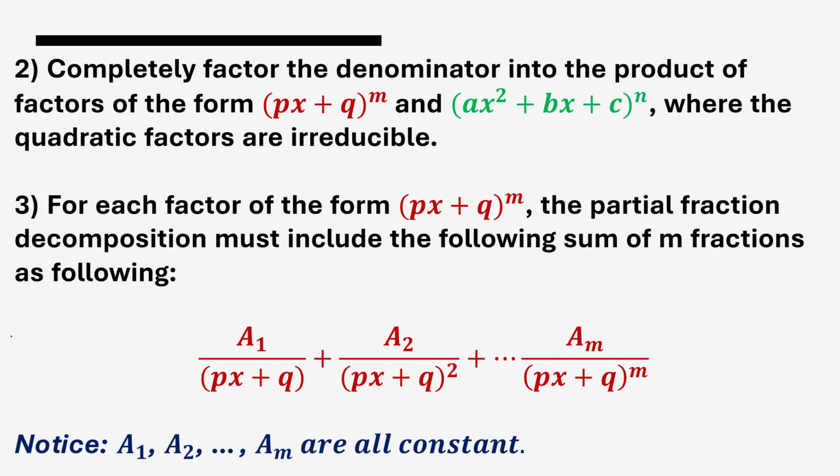And step 2, we need to completely factor the denominator into the product of factors in the form of (px plus q) raised to the n power, and (ax squared plus bx plus c) to the n power. We call px plus q a linear factor.